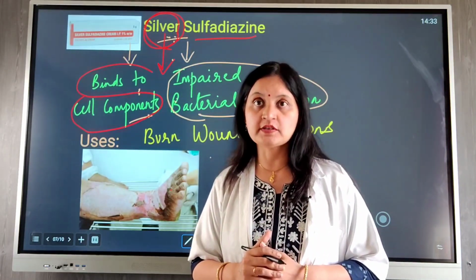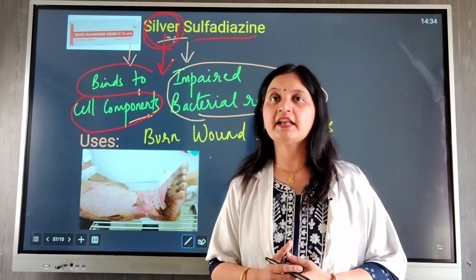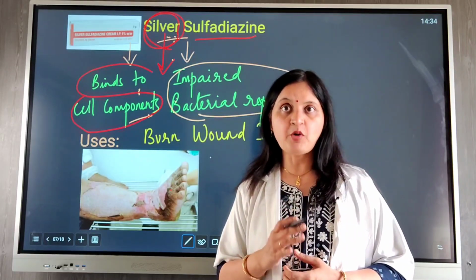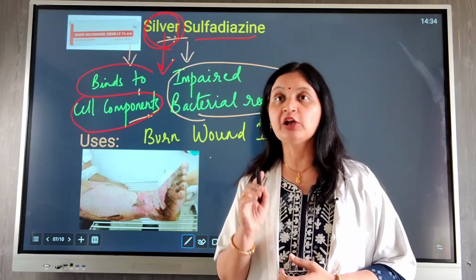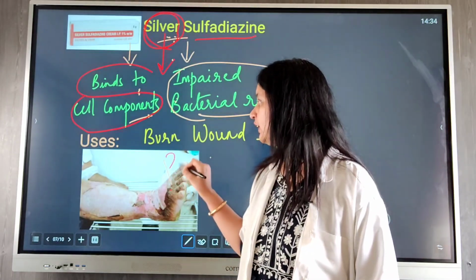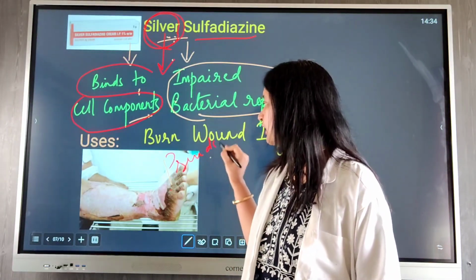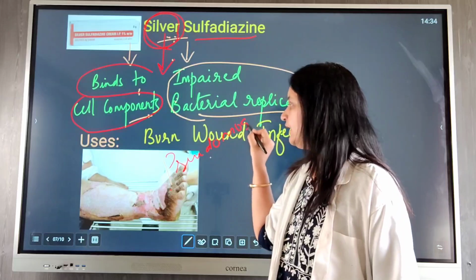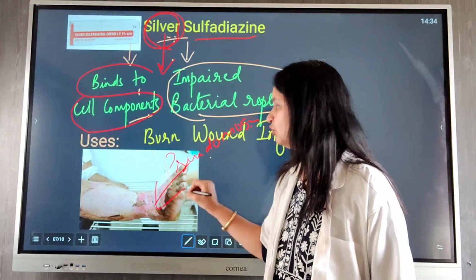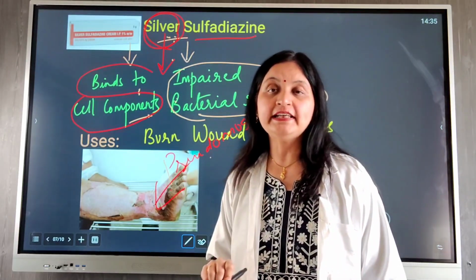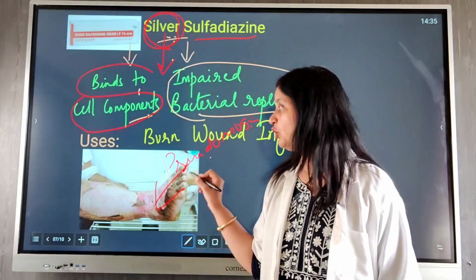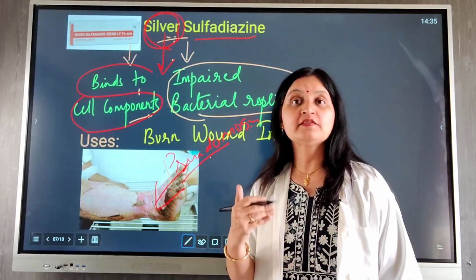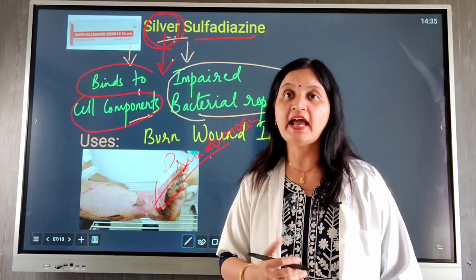treating burn wounds. Similar to sulfonamides, they are effective in inhibiting the gram-positive organisms and many of the gram-negative organisms, including Pseudomonas. Pseudomonas is the causative organism that is present in many burn wounds. So it is useful for treating burn wounds because of its activity against Pseudomonas, which is resistant against many of the antibiotics.